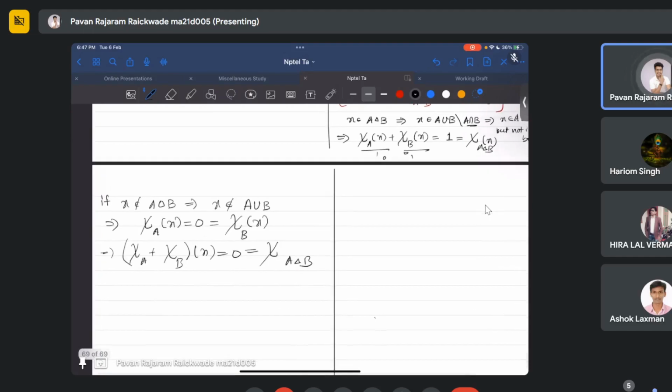For every point x, these two functions are the same, which means chi of A symmetric difference B is the same as chi A plus chi B.